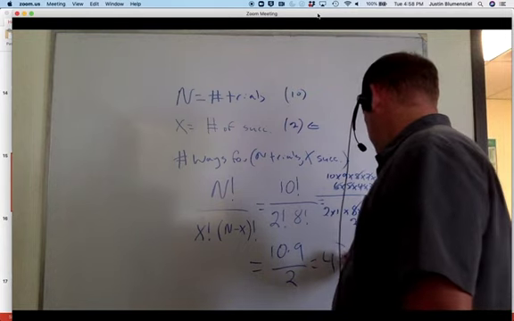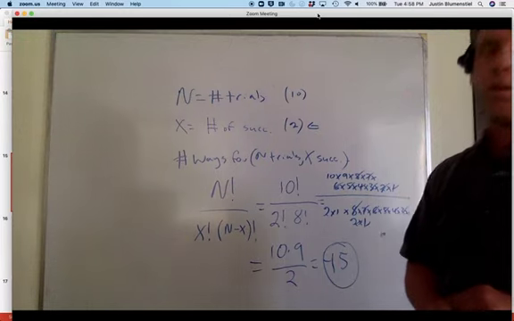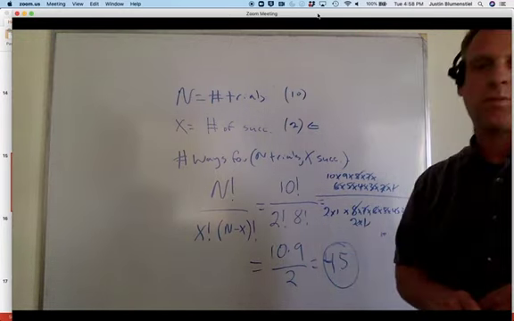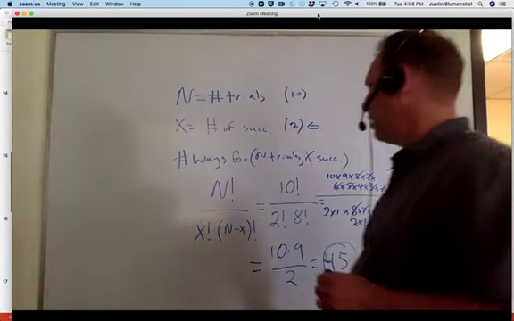What did we just calculate? We just calculated the number of ways for there to be exactly 2 girls in a family of 10 children.